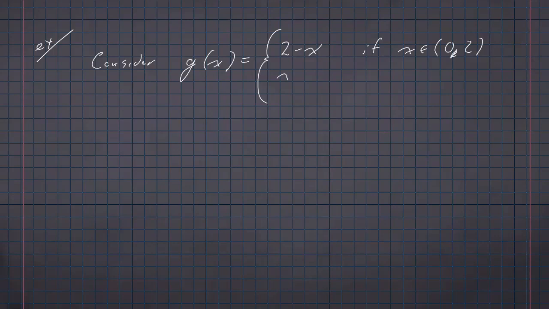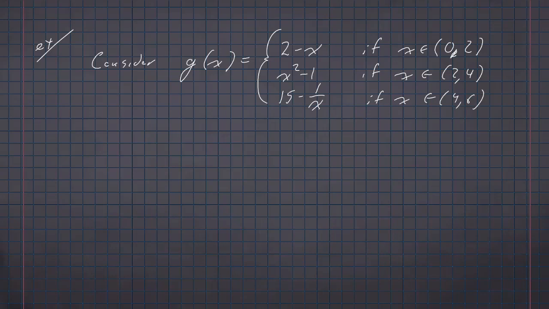We're looking at x squared minus 1 if x is in the interval from 2 to 4. And we are looking at 15 minus 1 over x if x is in the interval from 4 to 6.